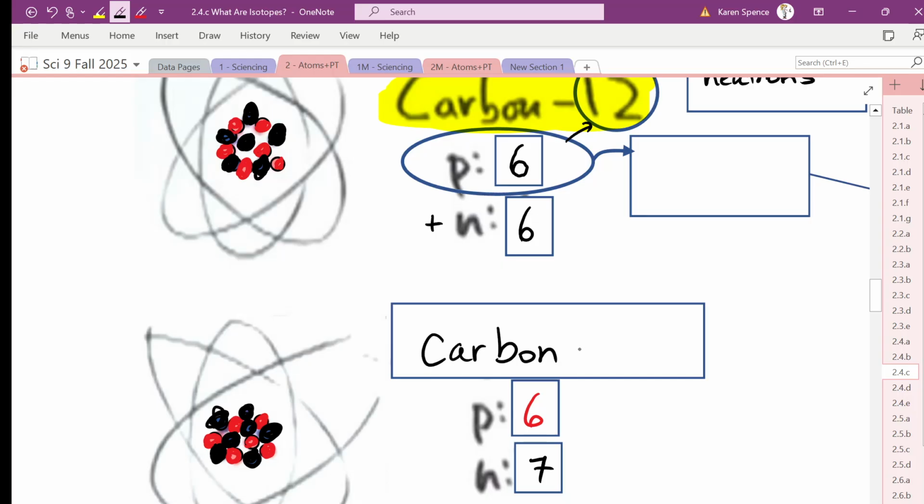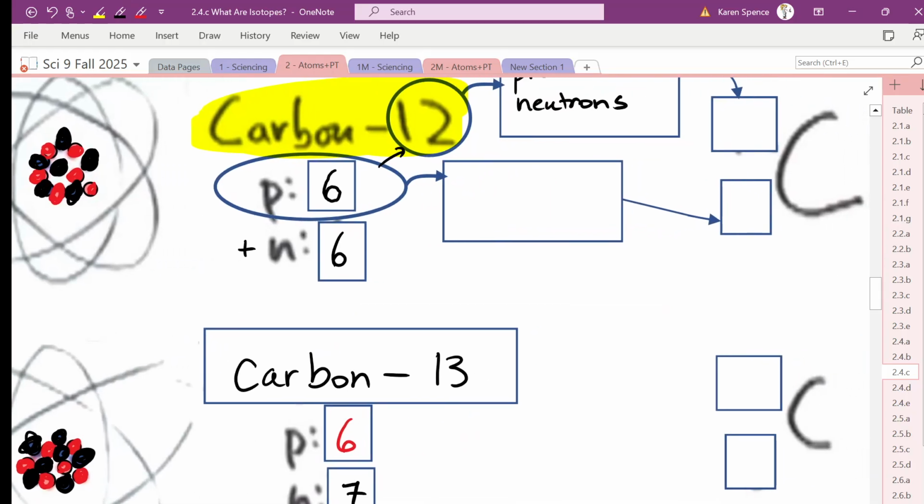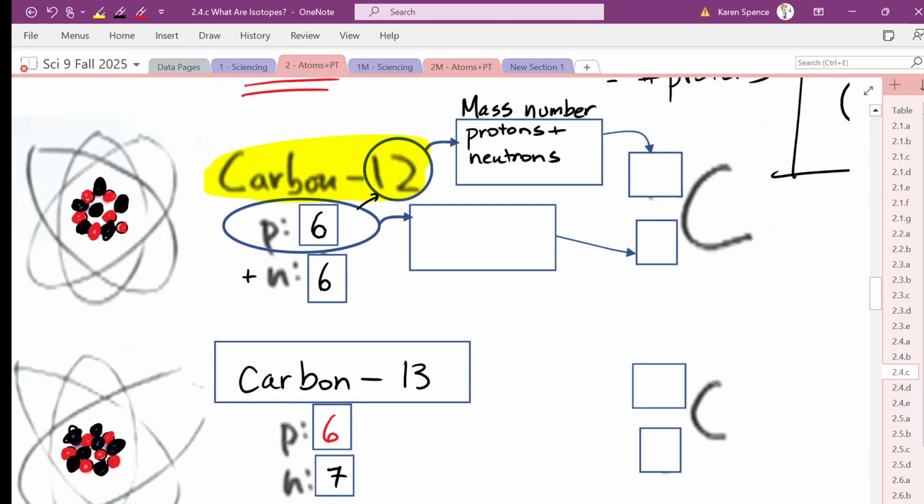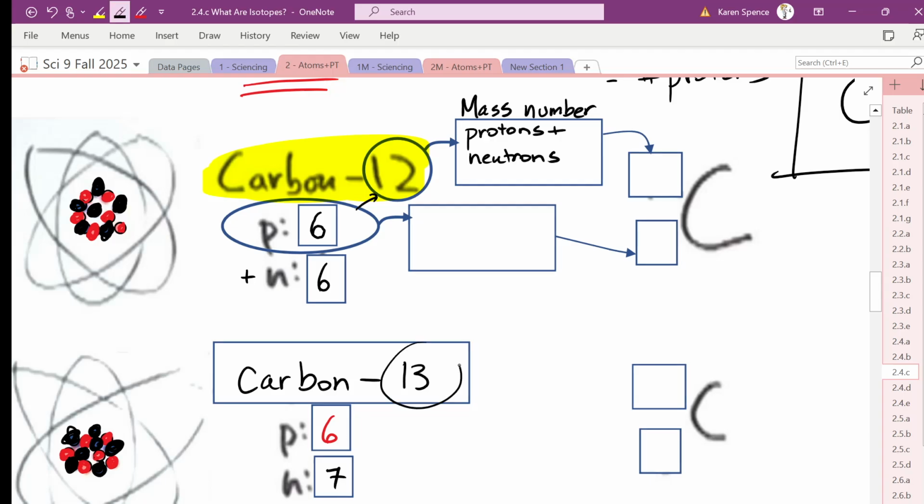Carbon, a dash, and then 13. So this 13 right here, what do we call that number? That is called the mass number. And what is it equal to? Protons plus neutrons.